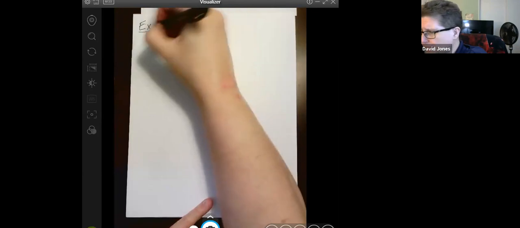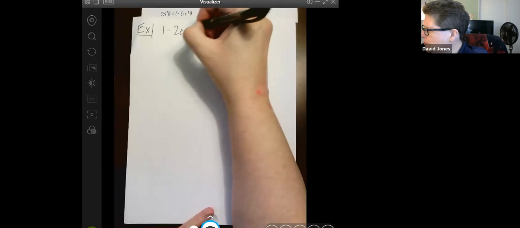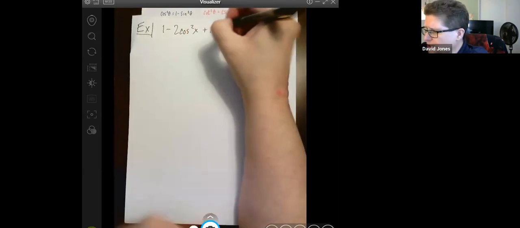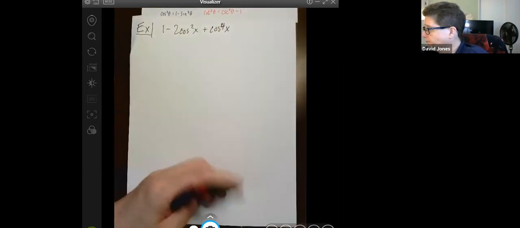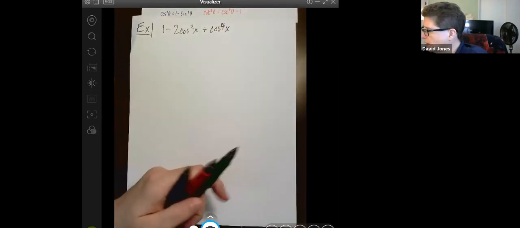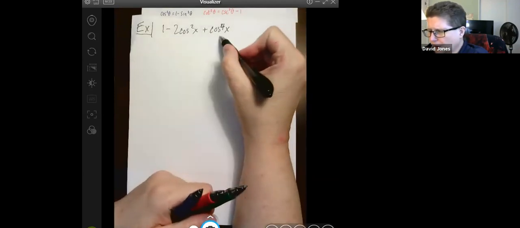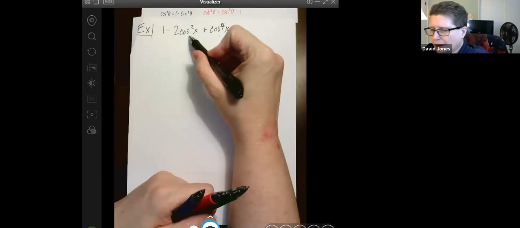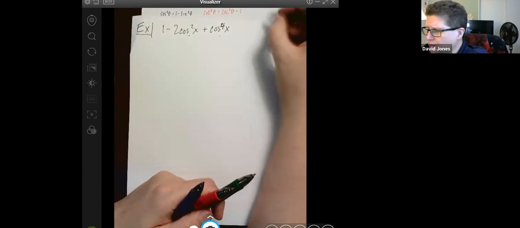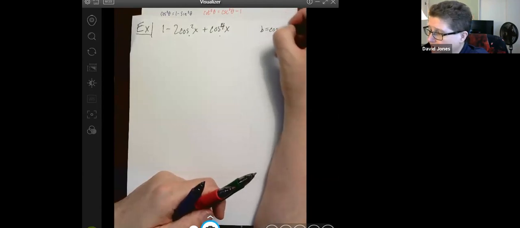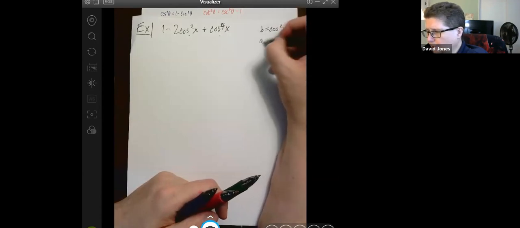Let's do some examples with that algebra idea. I've got 1 minus 2 cosine squared x plus cosine to the 4th power of x. I've got something to one power here that's double the power here. Okay, I'm going to say, well, what if we make b equal cosine squared x, and let's make a equal 1.